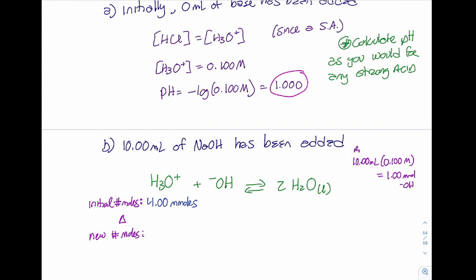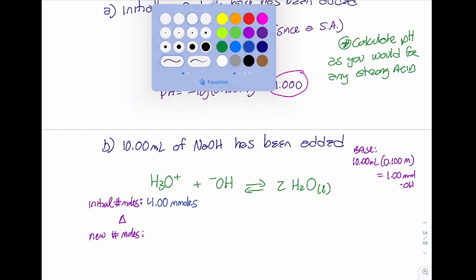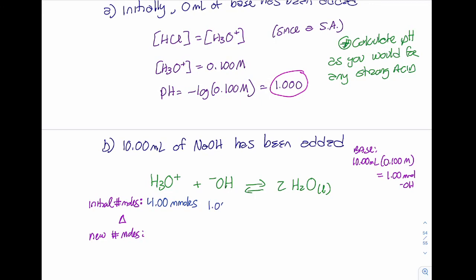This is my base. So that's the number that's going to go into my table here. And then water, we can talk about amount, I guess. You could just say 0 there because I'm not starting out with any.